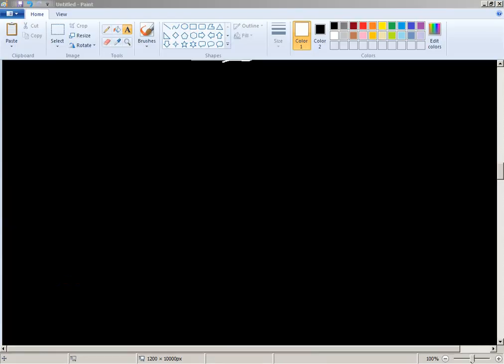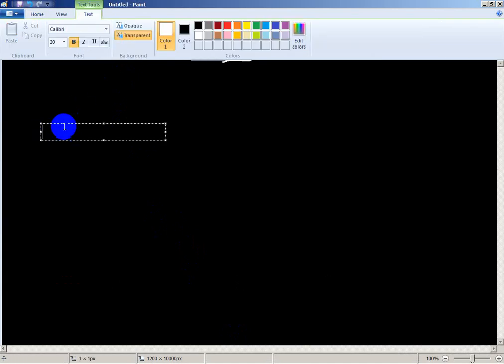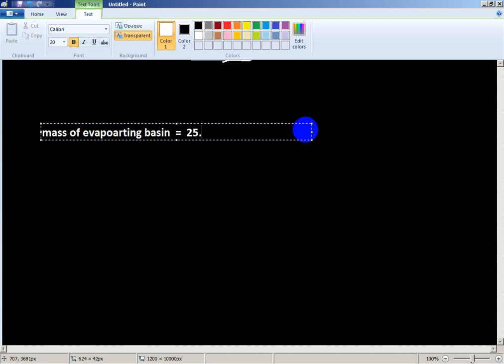Okay, so I am showing this. What is the mass of the evaporating basin? It is 25.78.